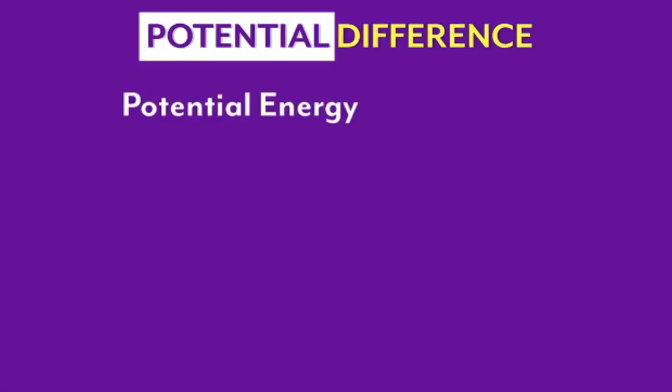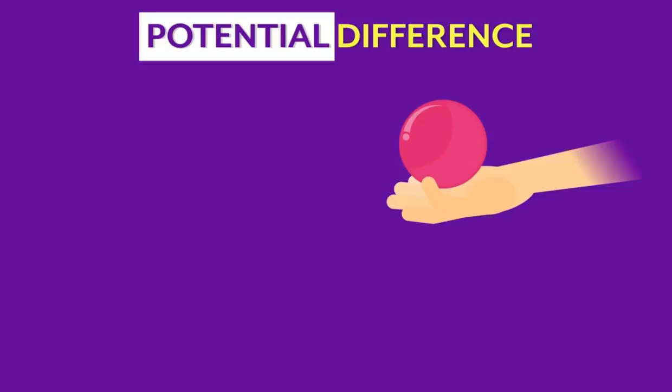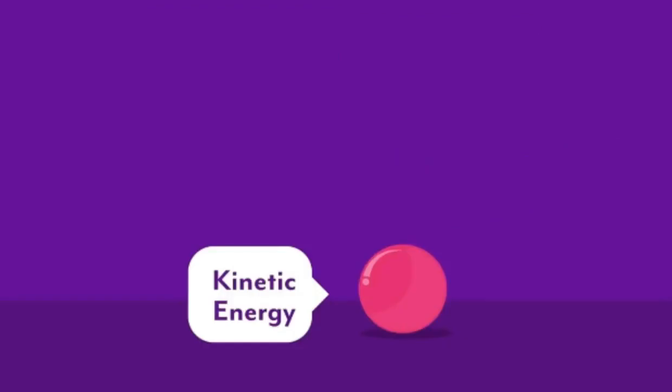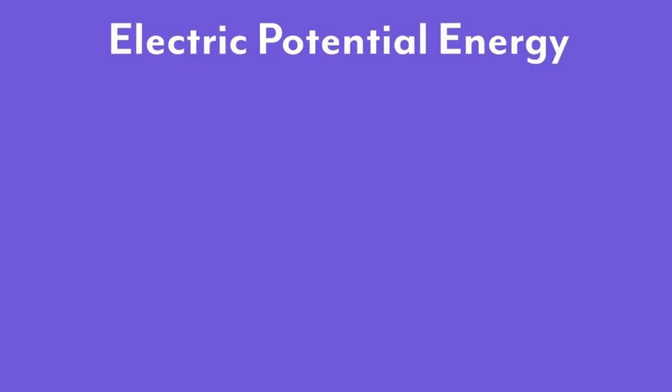Potential energy, which means stored energy, when an object is at rest. When you are holding a ball in your hand, it has potential energy. When you drop it, potential energy gets converted to kinetic energy. Kinetic energy is the energy possessed by a body when it is in motion. Similarly, there is a concept of electric potential energy.